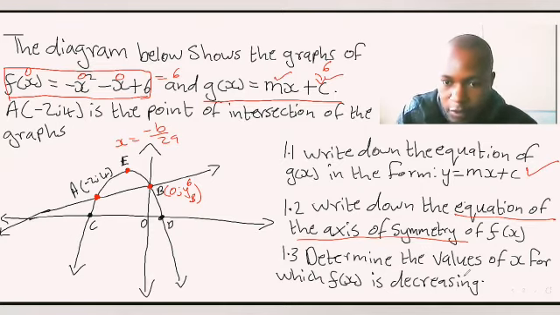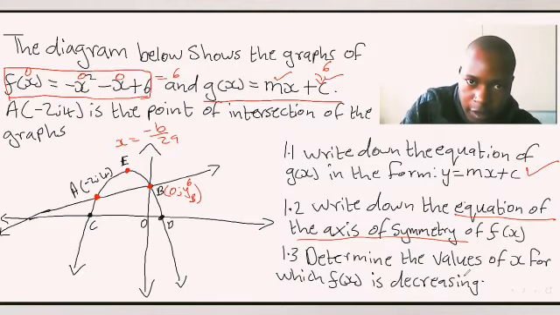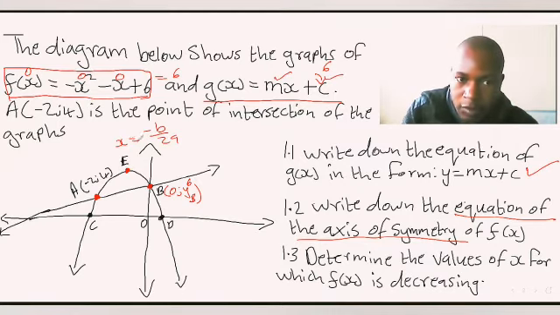Now 1.3 wants us to determine the values of x for which f of x is decreasing. Again, just to do a recap. Decreasing would all depend on the x value of the turning point, which we just found with 1.2.